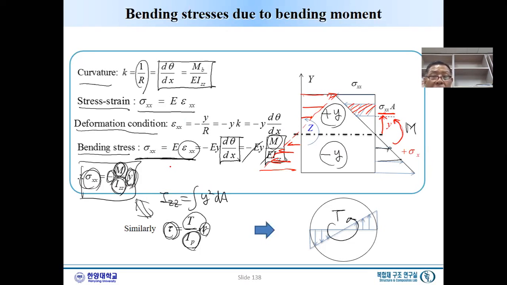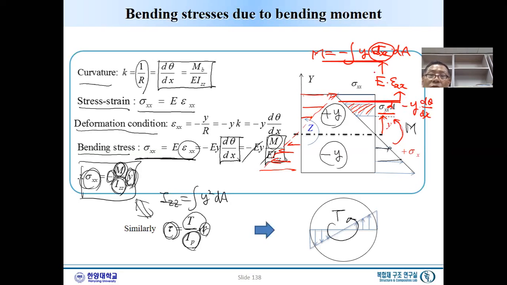So the moment is simply minus y times sigma x, and actually sigma x has to be times dA, right? dA, that is the moment. So sigma x we already have as E times epsilon x, and epsilon x we already have as minus y times d theta dx.